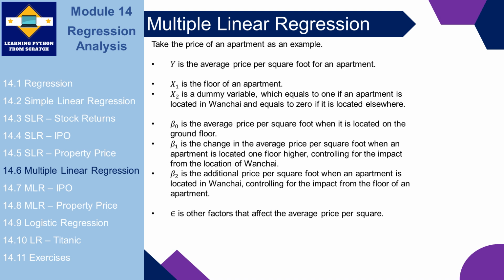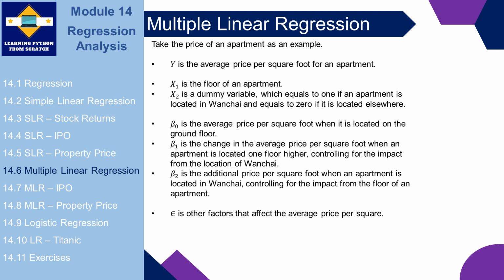Take the price of an apartment as an example. Y is the average price per square foot for an apartment, x1 is the floor of an apartment, x2 is a dummy variable which equals 1 if an apartment is located in Wan Chai and equals 0 if it is located elsewhere.